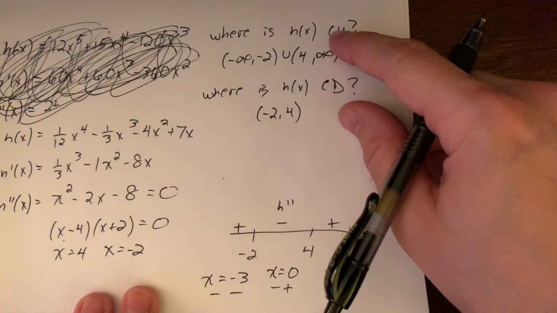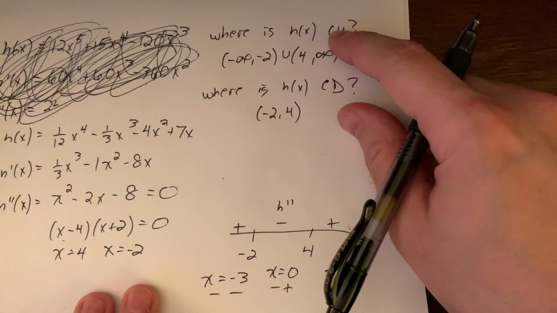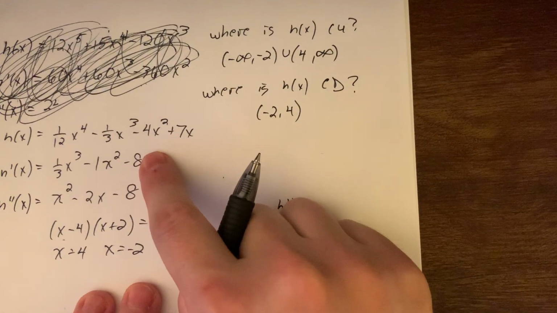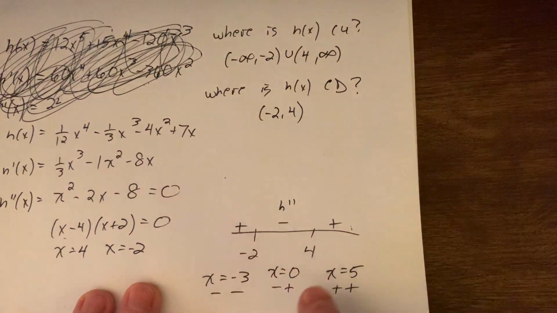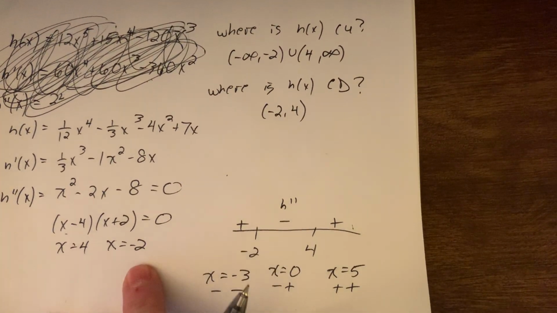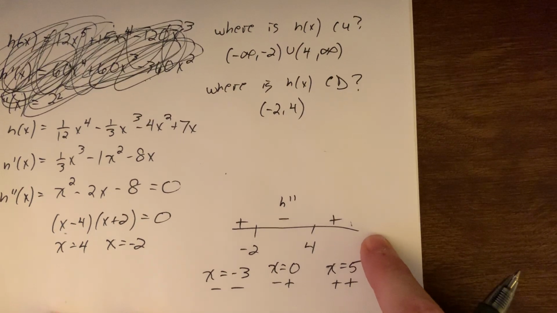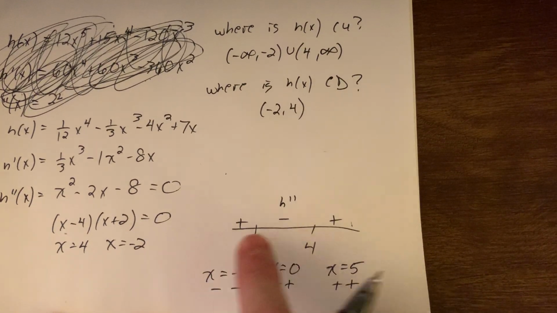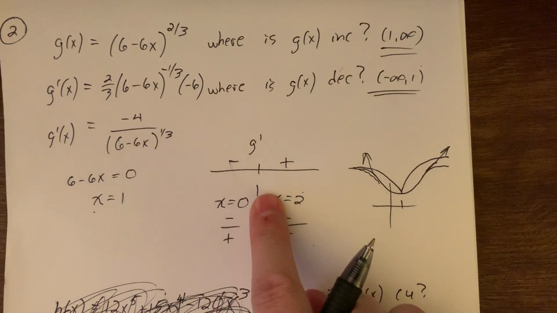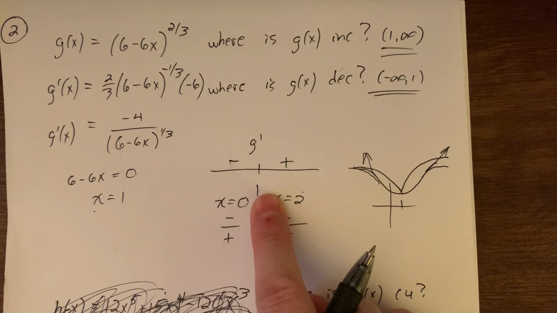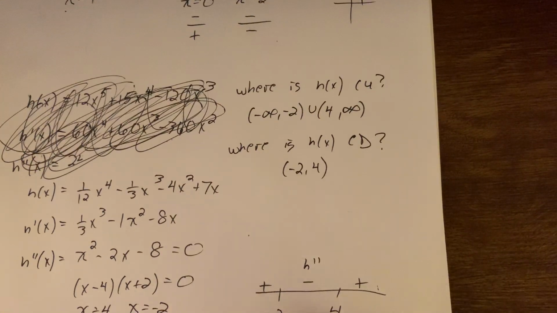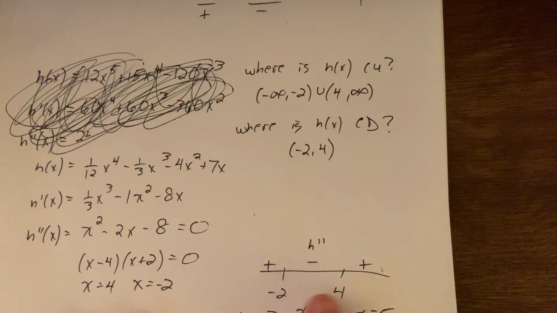I asked about concavity here, but just to realize, if I said, where does h have points of inflection? Same work. The important spots, check the concavities, and now we just look, are we changing signs? Up here we talk about, do we go up to down or down to up to figure out max or min? But here, as long as we change concavity, and we change concavity in both spots.